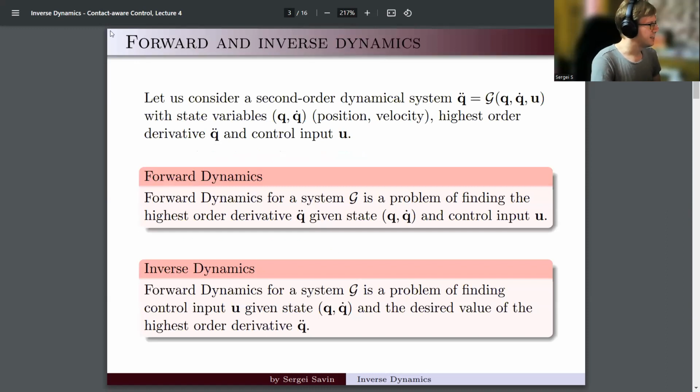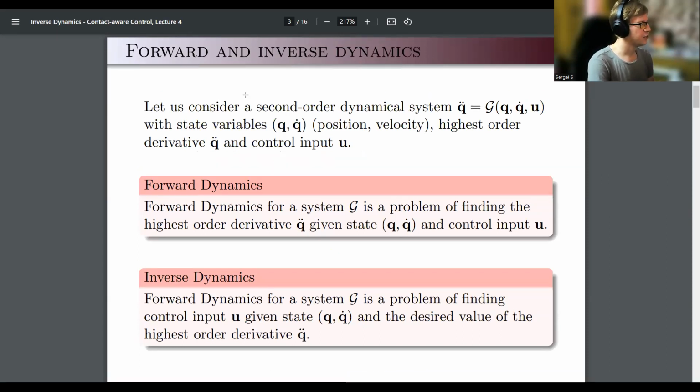To begin with, let us just understand what forward and inverse dynamics is. So let us consider a second order dynamical system of this type. Q double dot equals some function of state variables, so Q and Q dot, and control U. Now, forward dynamics for this case is the task of finding Q double dot given state variables and control input.